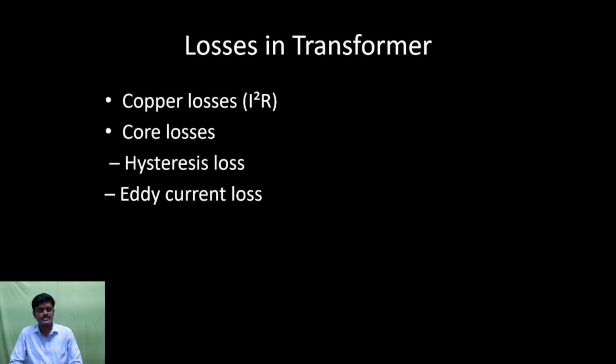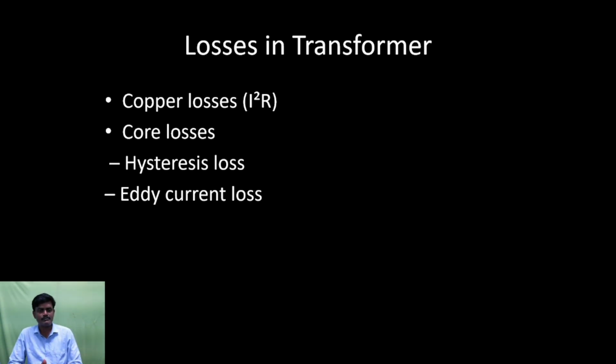If I have a copper conductor and current is flowing through it, the conductor itself has its own resistive property, because any object having its own length and cross-sectional area has resistance. If the current is flowing through that material, there are some losses.